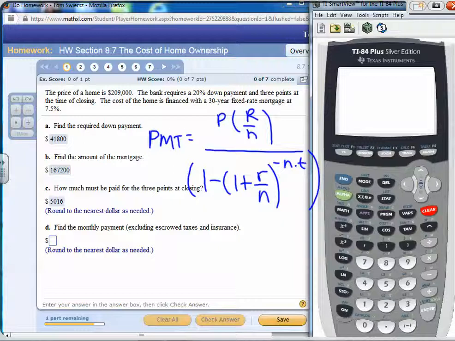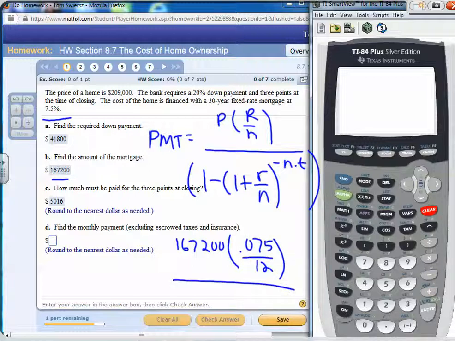In this case, P is the amount of the mortgage, which is $167,200, times the rate. Now again, the rate is the mortgage rate, not the down payment, so it's 7.5%. So 0.075 divided by 12, since it's monthly, and then 1 minus 1 plus 0.075 divided by 12 raised to the negative 12, N is 12 for monthly, times t, the number of years, which is given to be 30, and then another right paren.